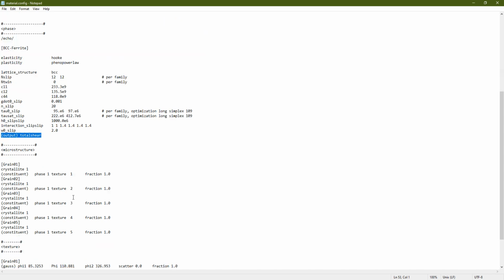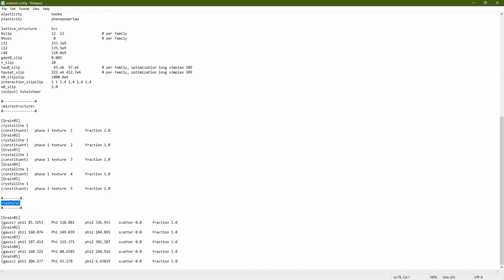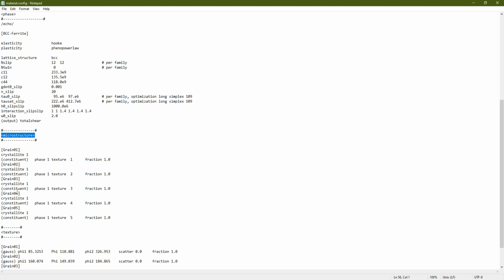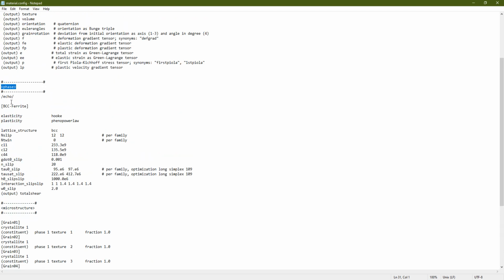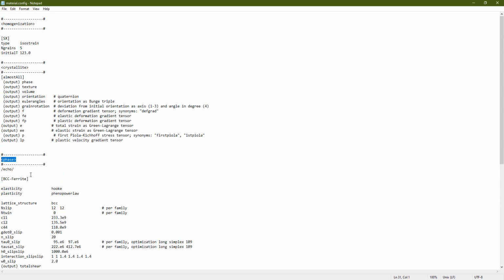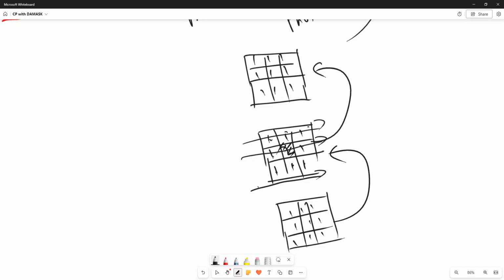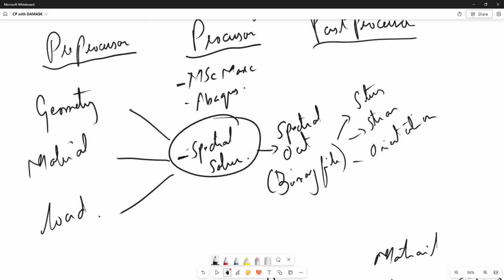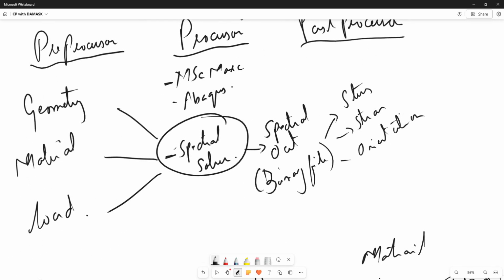The requirement is it has certain sections. So texture should be defined with a specific format under texture. The grain numbers should be defined under microstructure with a specific structure. And under phase, we define the phase information, right? And then under crystallite, we define the outputs that we want or expect. So this is where we are already looking at the solver.